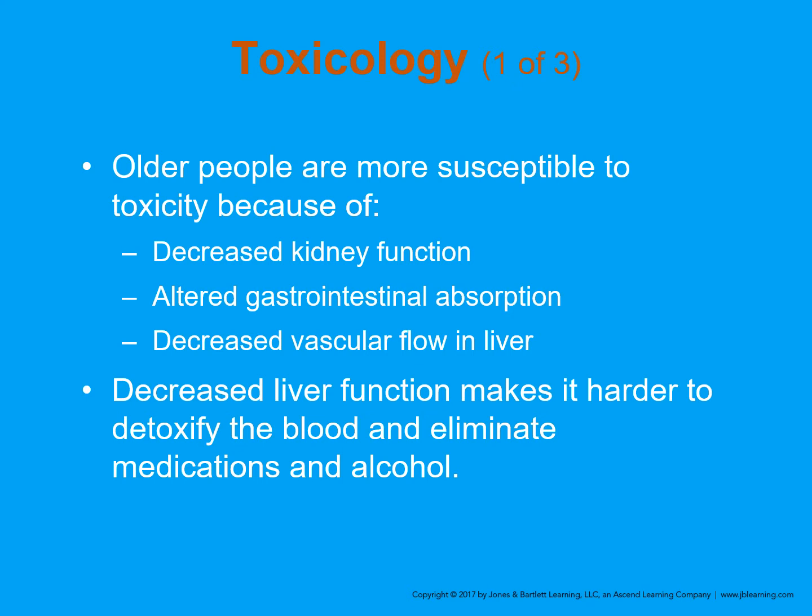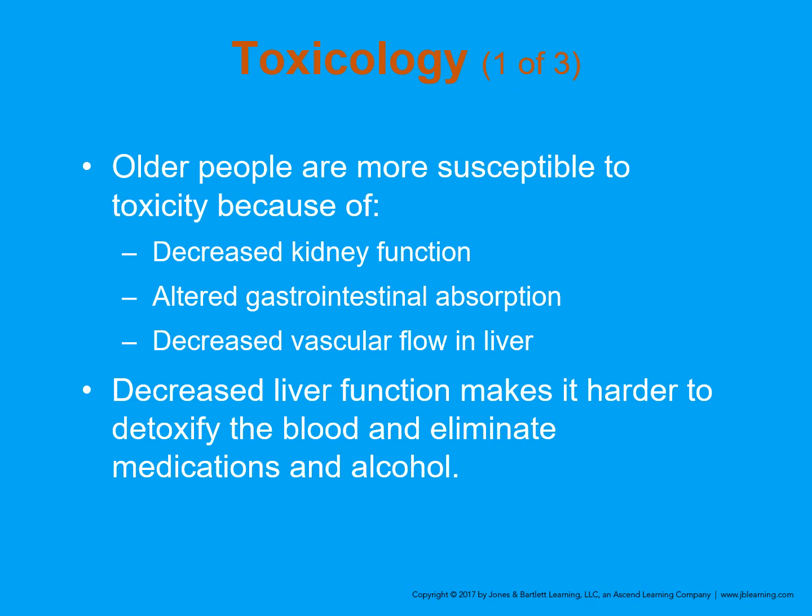They're more susceptible to toxicity because their kidneys can't filter out the toxins. Their liver isn't working as well as it used to. It can't filter out toxins. And your GI absorption rates are altered, generally decreased.